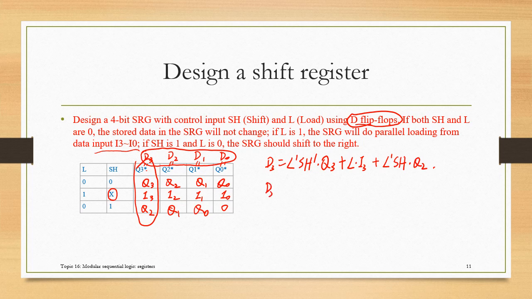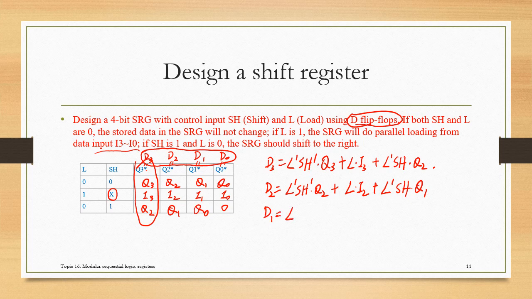Similarly, we can write D2 equal L prime, SH prime, Q2, or L, I2, or L prime, SH, Q1.